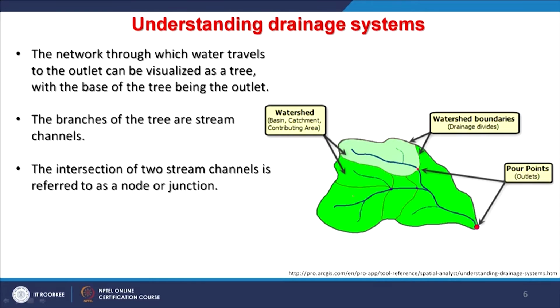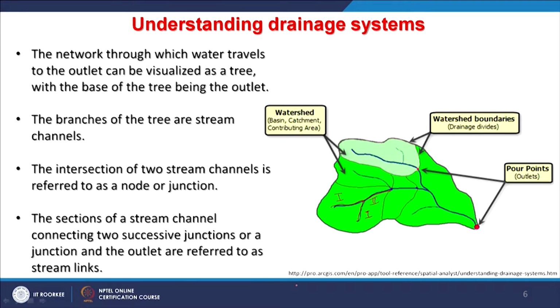So in GIS, here this may be one stream, a first order stream, and this is also first order. Now when two first order streams meet, they become second order, and likewise we keep adding. So that means the intersection of two stream channels is referred to as a node or a junction, and downstream it may become another order.